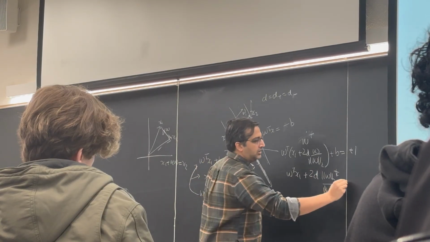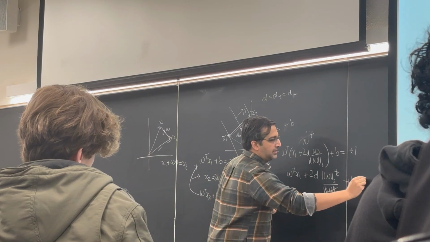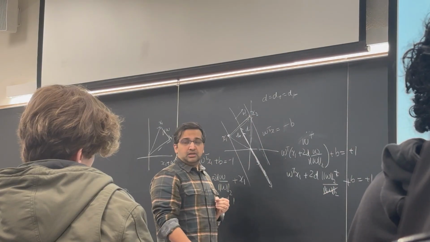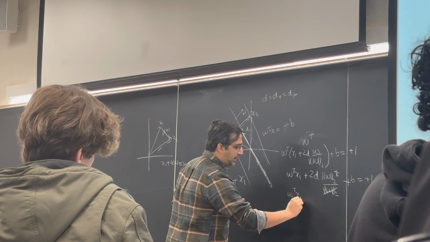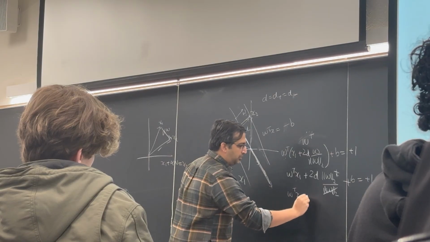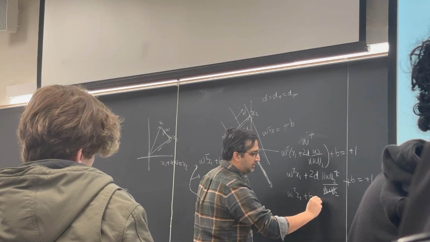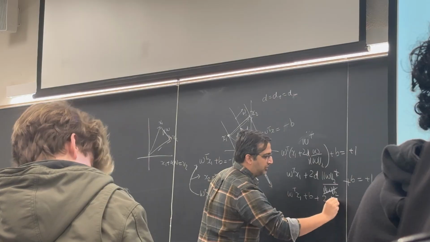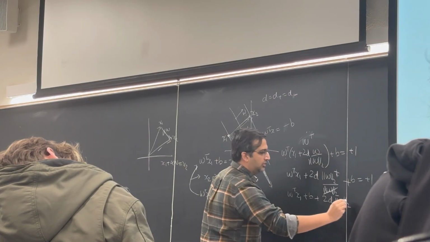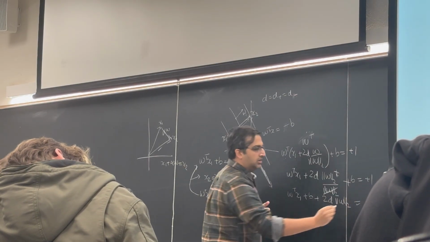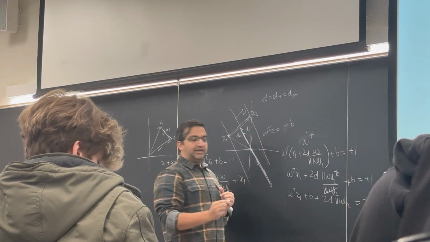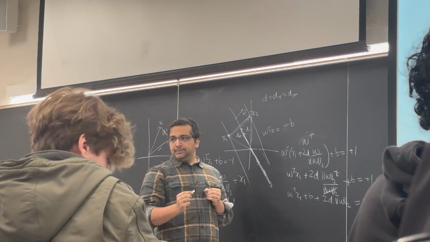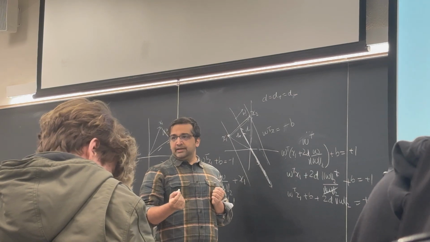Yes? And then you have a plus B here, and that's equal to plus 1. So now we have W transpose x1 plus B plus 2D times the norm of W is equal to plus 1, right?